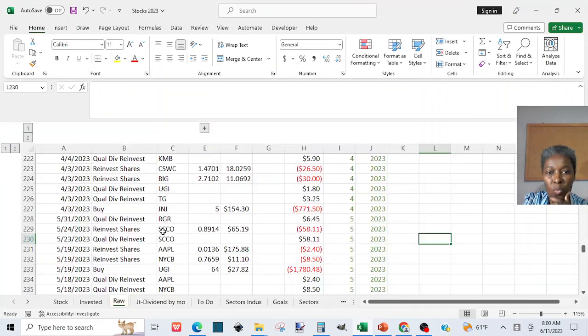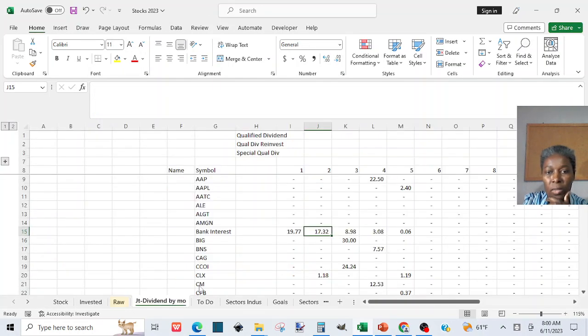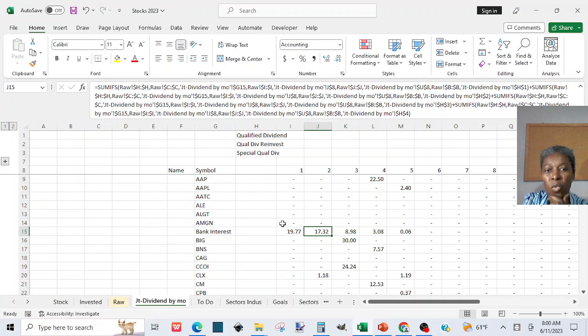You add it to your spreadsheet, and you can insert formulas to pull data from that to your summary tab, where you can track the dividends that each company is paying. And yes, they might be little, but they add up over time.